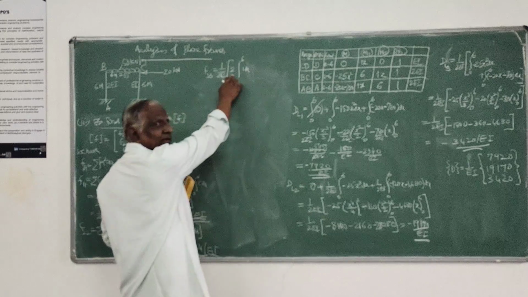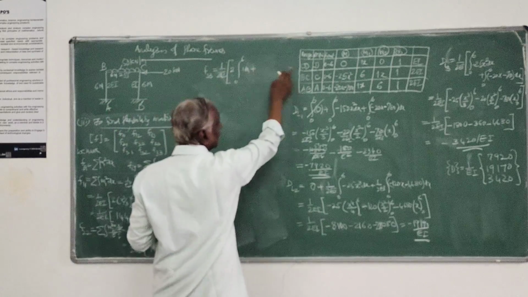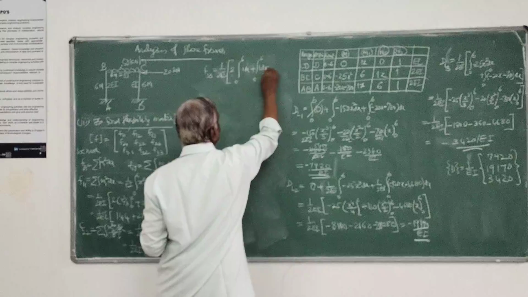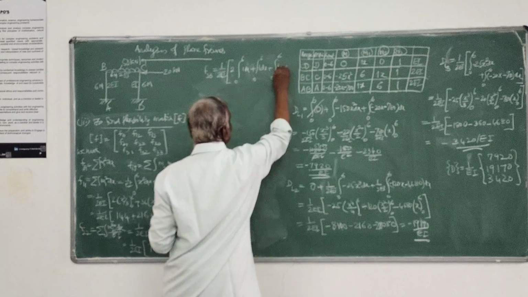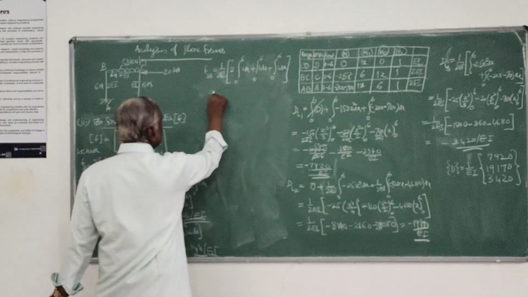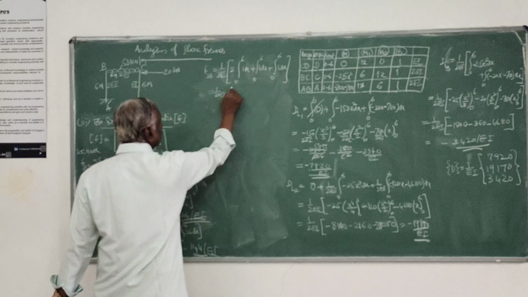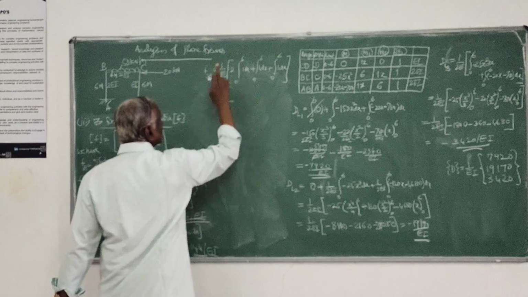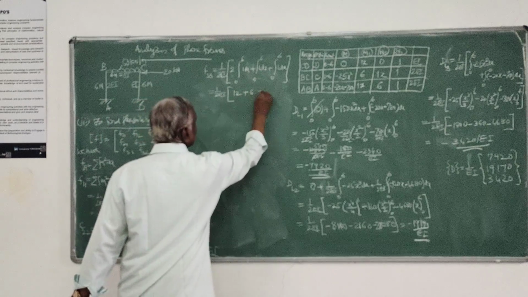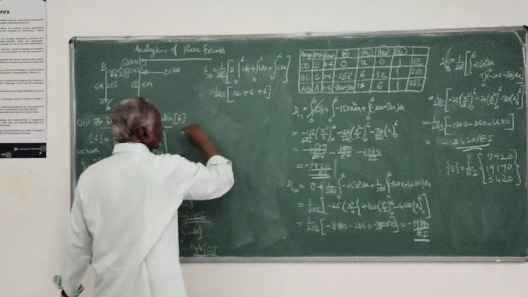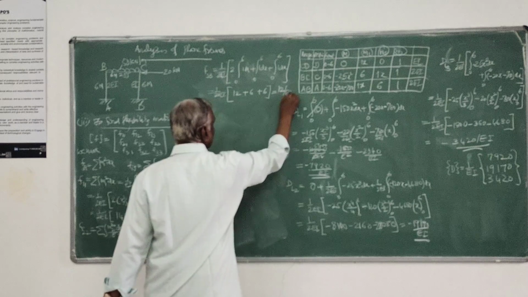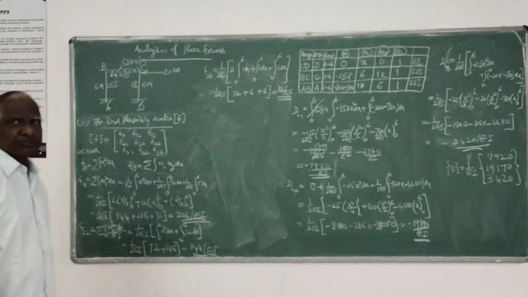You have to be careful because I have taken 2EI outside. And plus there again it is 0 to 6, 1 dx, plus 0 to 6, 1 dx. All are 1. So this will be 1 over 2EI. This is x into 6, 6 into 2 is 12, then 6 here and 6 here. It is 24 by 2, it is 12. So 12 by EI is your F33.